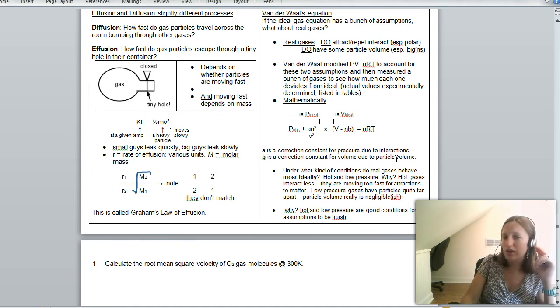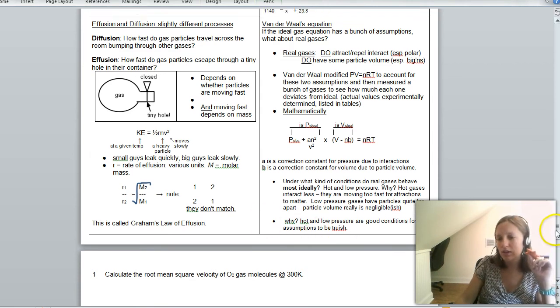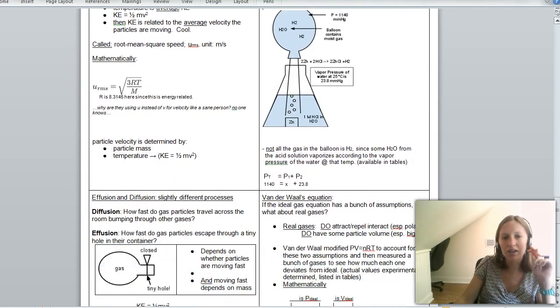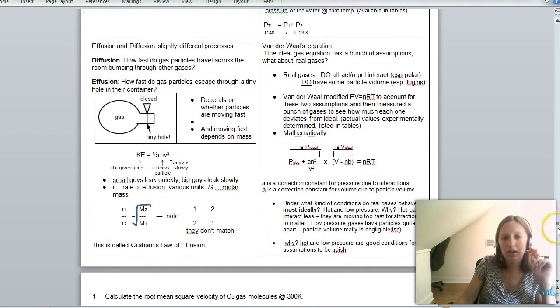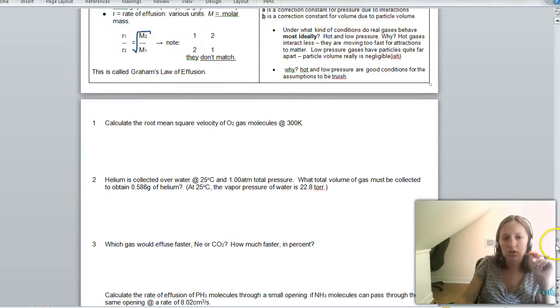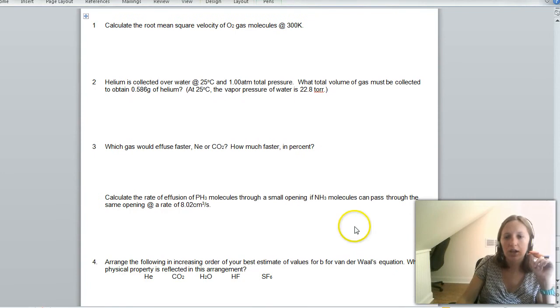And so, do liquids follow the ideal gas law very well? No. All right. So there you go, a potpourri of 4 little ending topics for our gas chapter, and go ahead and answer your questions on the back of this page, and I will come back and answer them, and you can see if you are right.